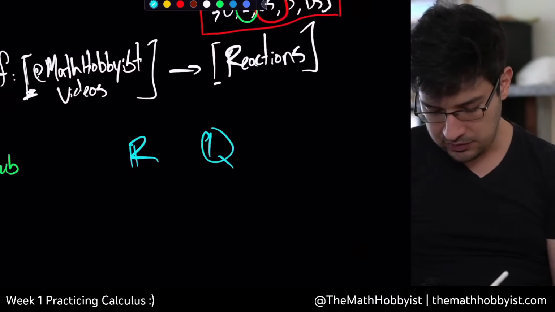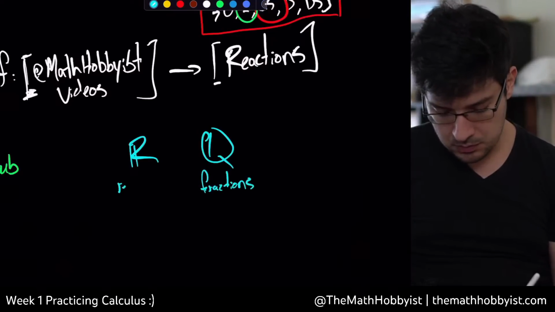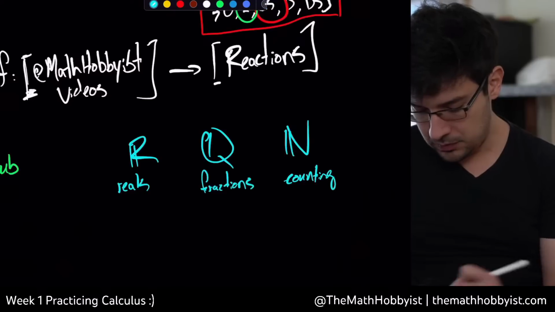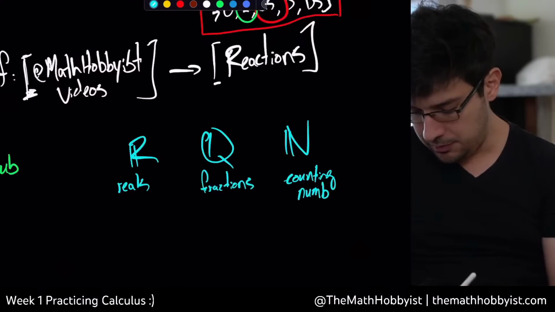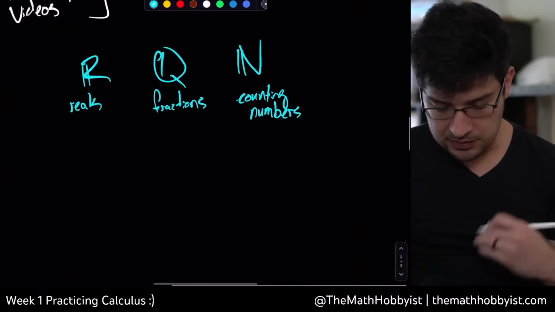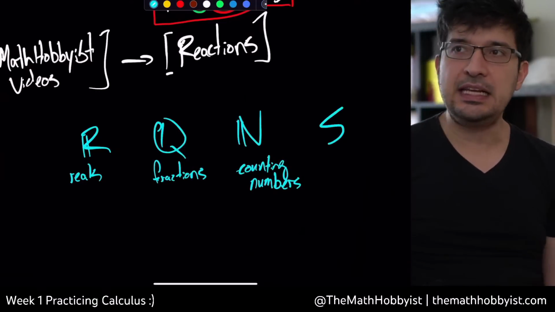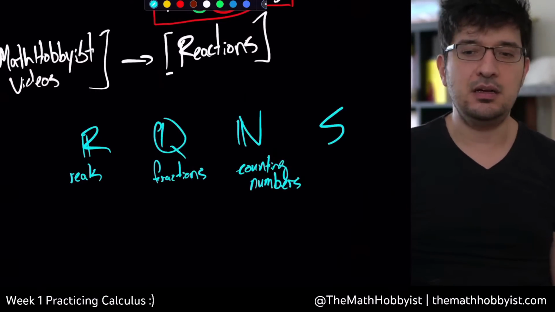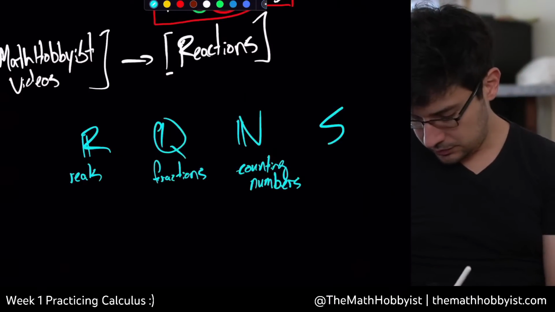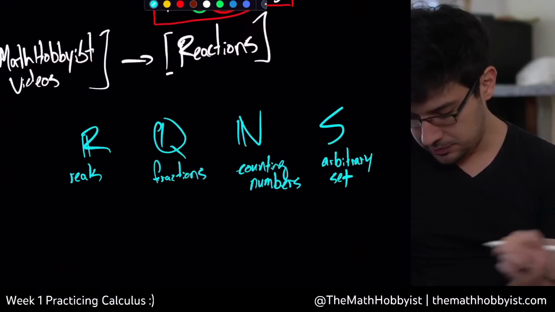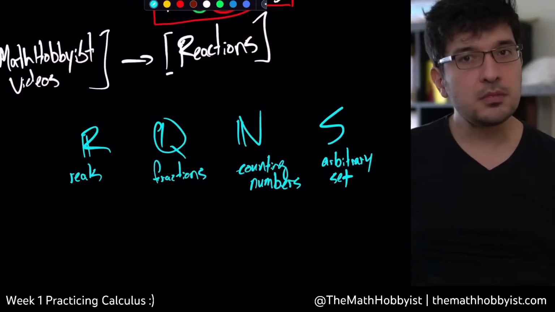Like, how much of that is still true when we're only talking about fractions? Or, even better, the counting numbers. Right? How much of all this stuff is true when we're talking about a generic set? Any set of anything. An arbitrary set. You still with me?